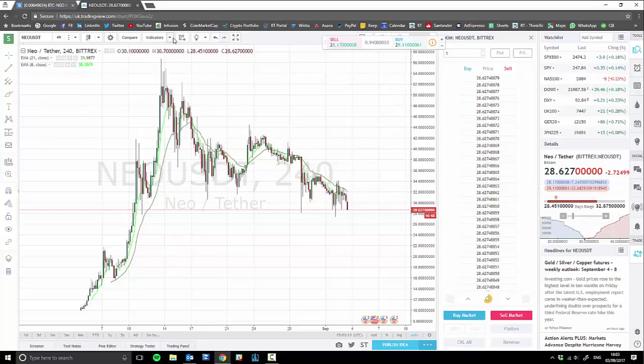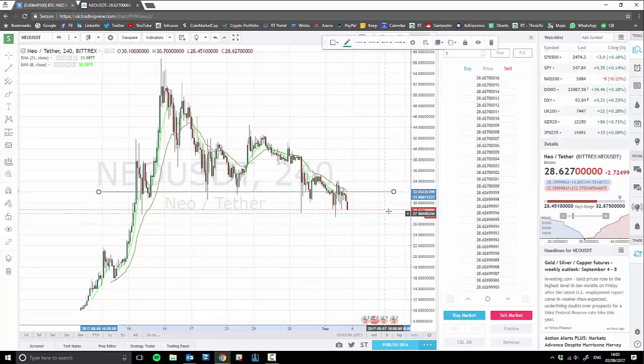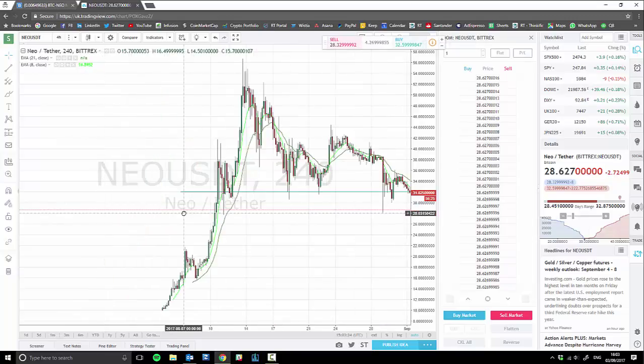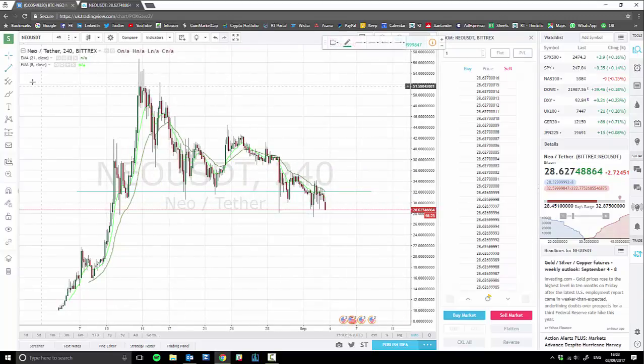What support is, if I can figure out where the lines are again. Yes, they're over here. A level of support is something like this, and we've got another level over here.